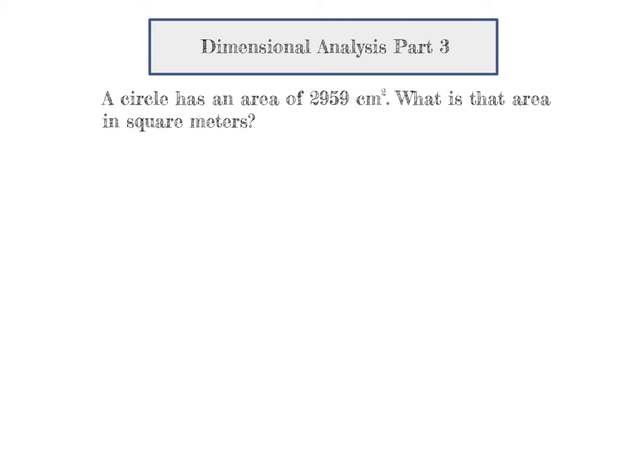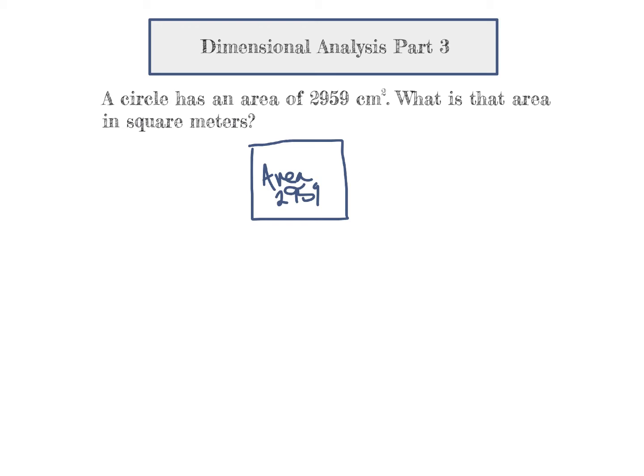Okay, so the first thing that I want to do is conceptualize what's going on. I'm thinking of a square that has a total area of this giant number, 2,959 centimeters squared. Well, if I'm going to call this something in meters squared, I'm going to need to know how many centimeters are in a meter, which is 100, by the way.